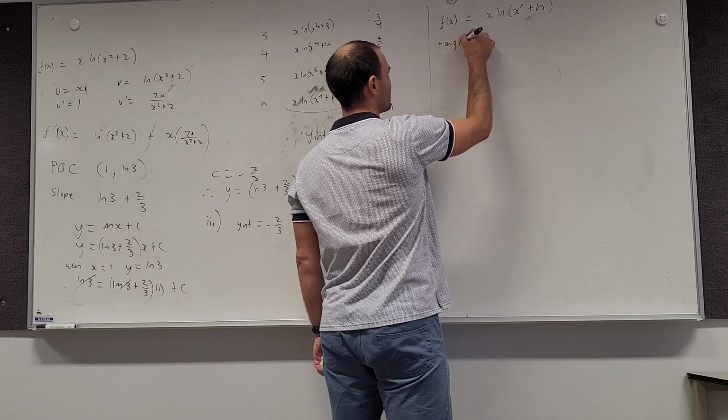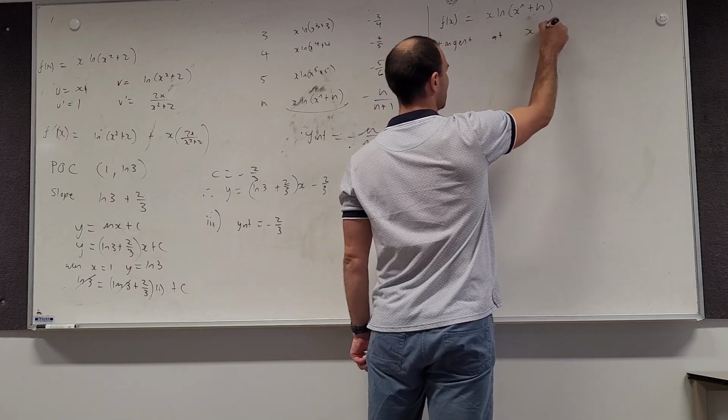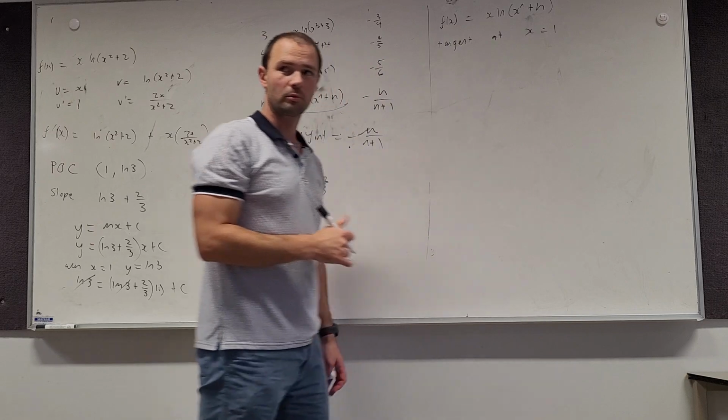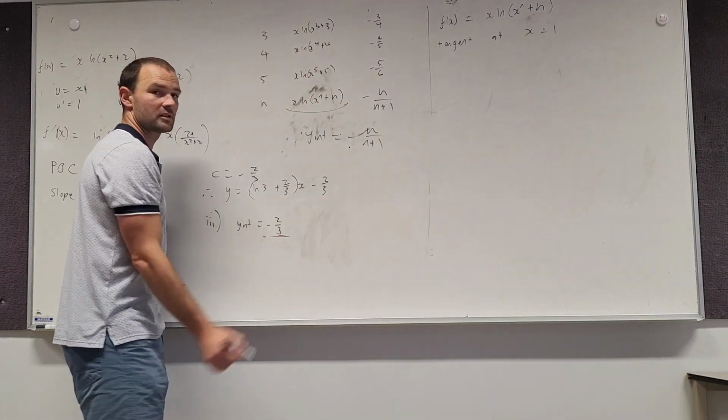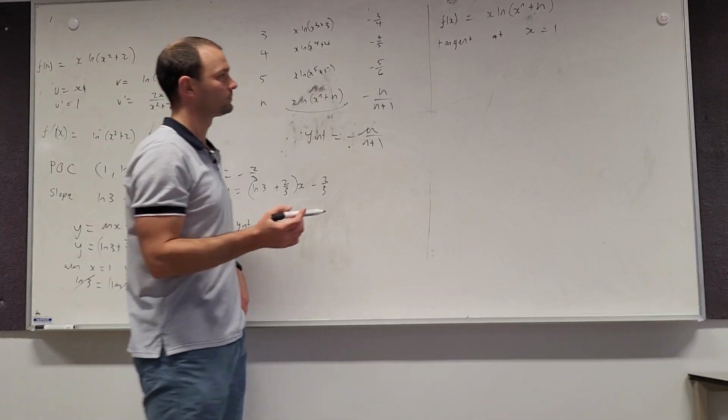So yeah, you're finding the tangent at x is 1, and you want to prove that the y-intercept is this. So we have to find the tangent.